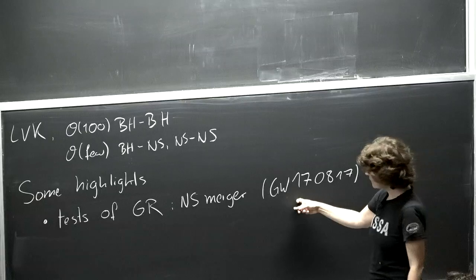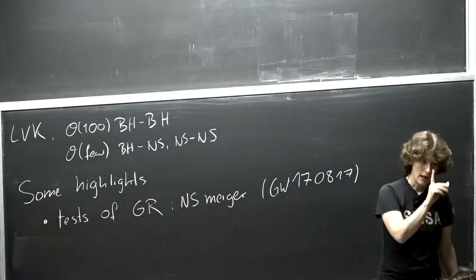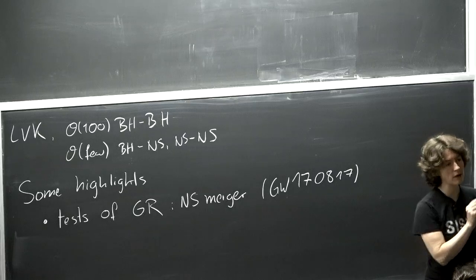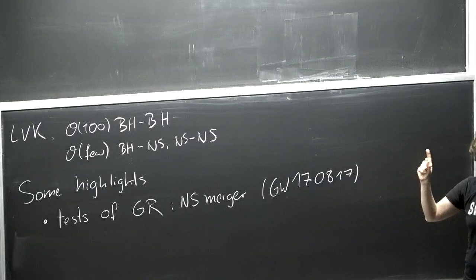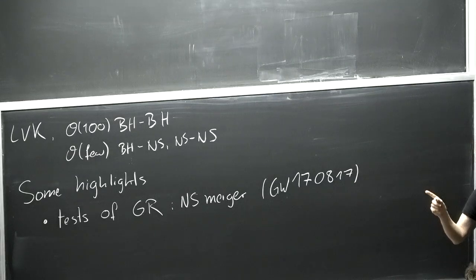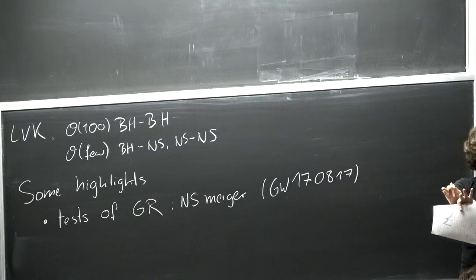And this event was special because it was the merger of two neutron stars. And while for black hole mergers we don't expect to see an optical counterpart, we don't expect to see them in the EM spectrum, for neutron stars we can see them in the EM spectrum if we're in the light cone that is generated at the merger.